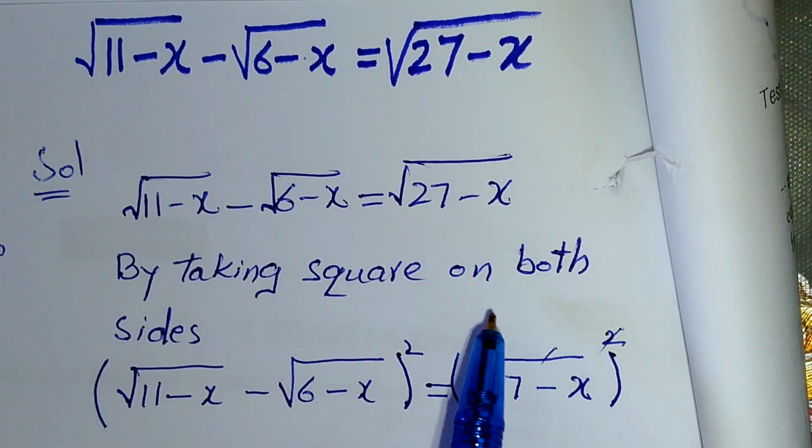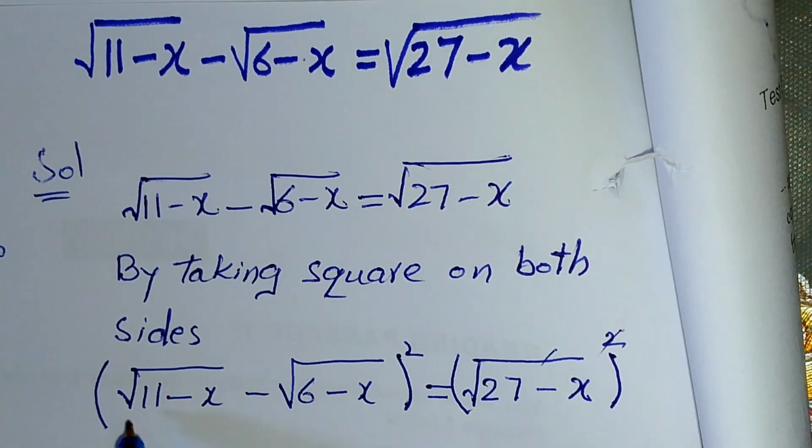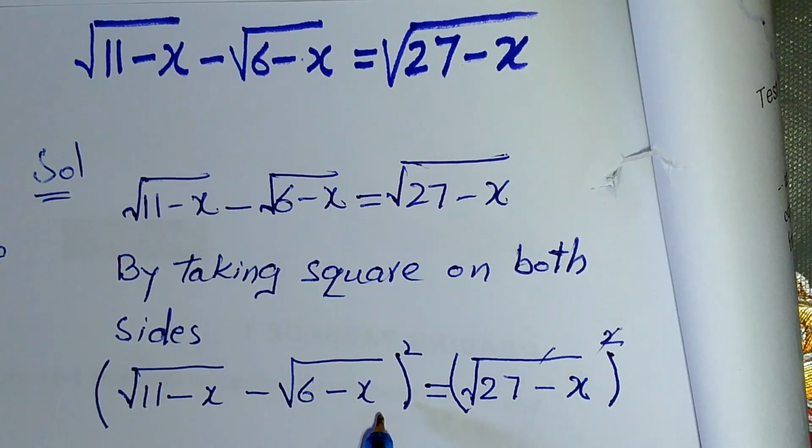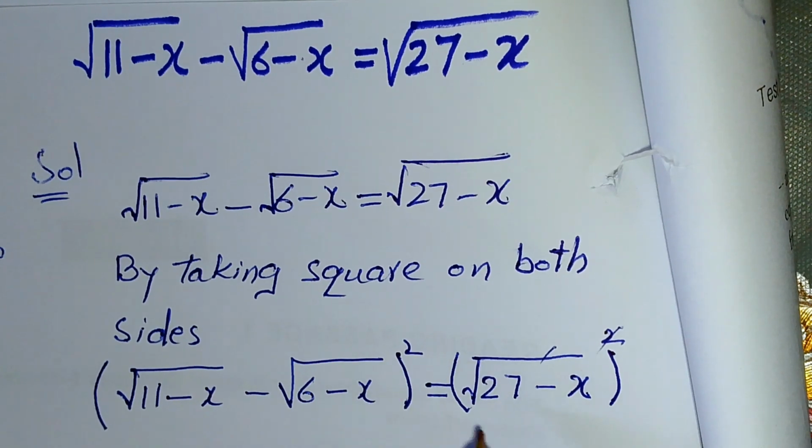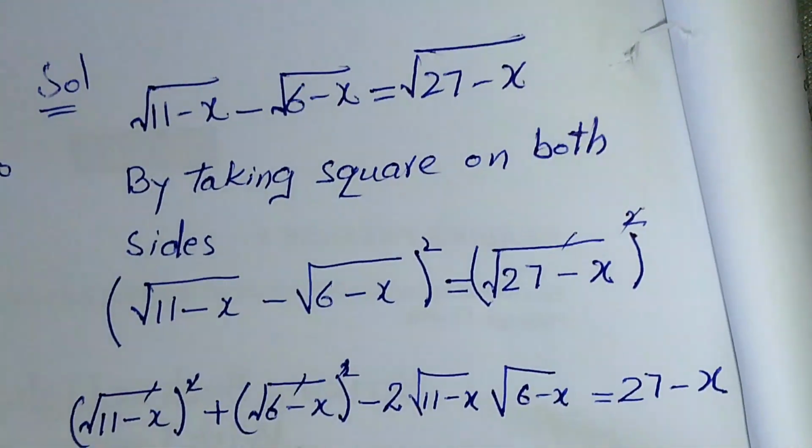So by taking square on both sides, we will take square of this whole expression, equal to under root 27 minus x whole square.